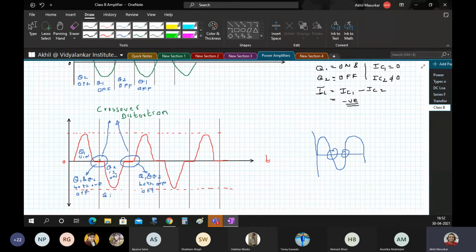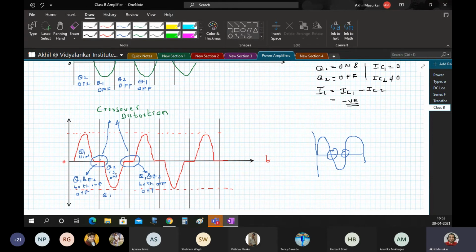Therefore, up to 1 volt of Vin, the load current will be zero because the transistors Q1 and Q2 are off, and that is the reason why at zero crossing the output current waveform distortion occurs. This distortion is known as crossover distortion.